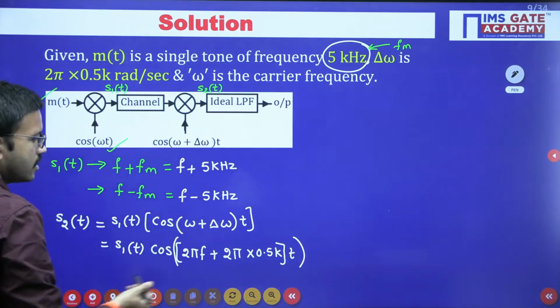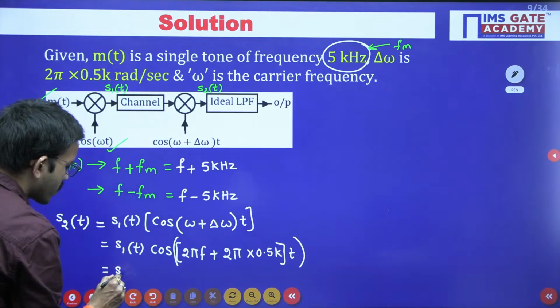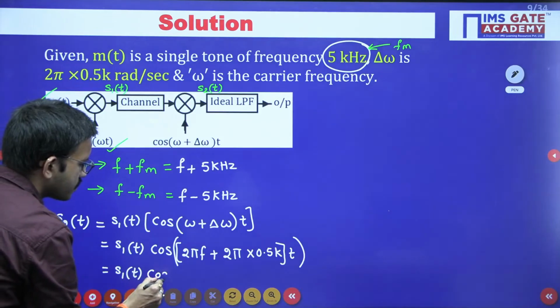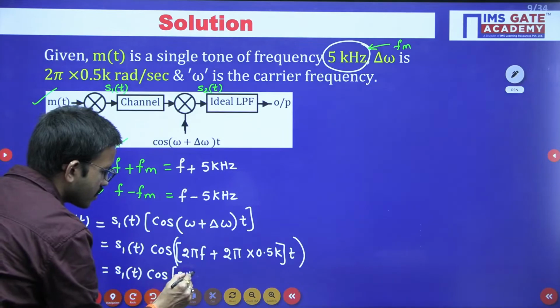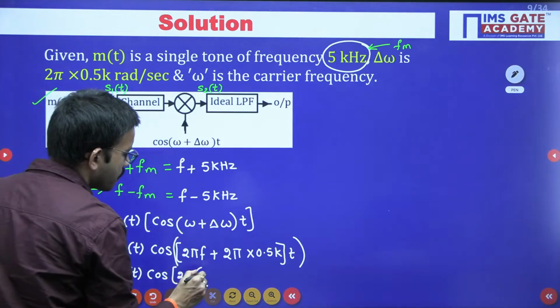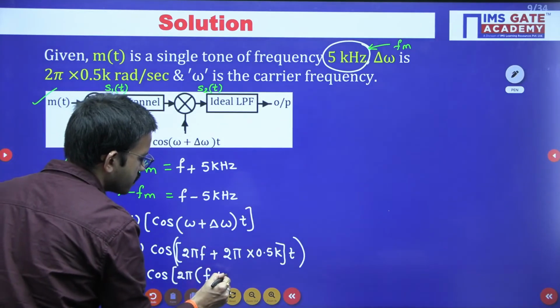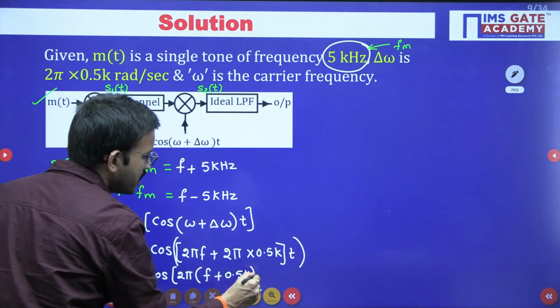From here you can take 2 pi as common: S1 of t into cos 2 pi (f plus 0.5 k) t. Here k is nothing but kilo.